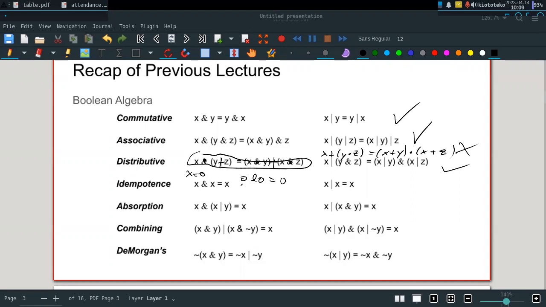Then 1 and 1 is 1. And that's it, there are only two possibilities. So X and X is equal to X. And here, for X or X, 0 or 0 is 0, 1 or 1 is 1. So yes, it conforms to these properties.